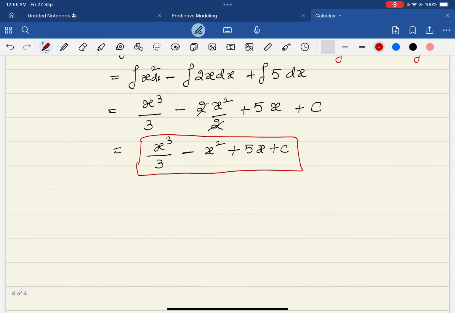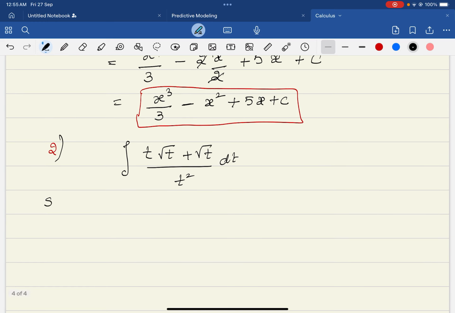Let us now have another problem. Problem number 2 is the integral of t root t plus root t over t square dt. Now how to write down the solution for this?